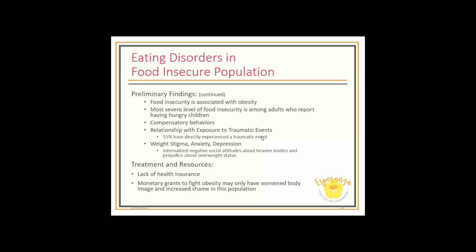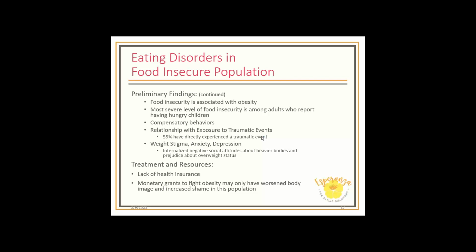Food insecurity, because it is associated with the binge eating, is associated also with obesity. And the most severe level of food insecurity is among adults who report having hungry children. And that is over the household, okay?